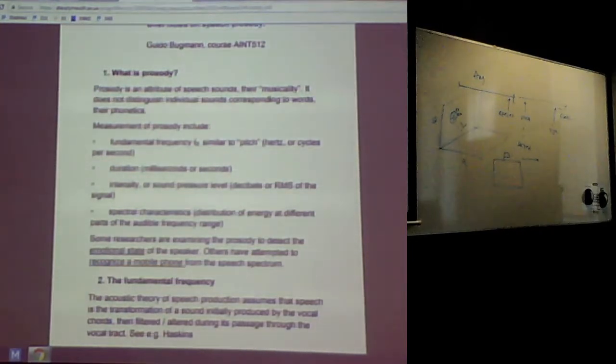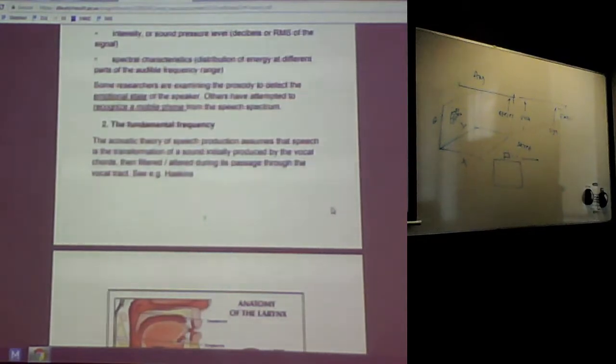So these people try to recognize which mobile phone you're using by analyzing your speech. So it has more application than only looking at the emotional state of the speaker.